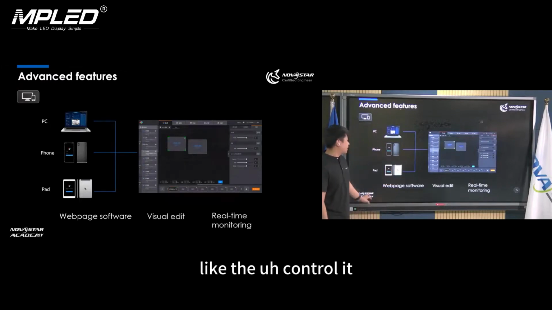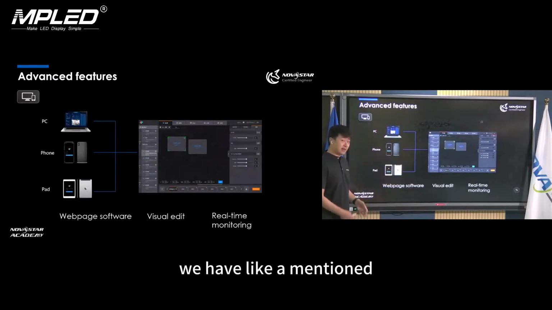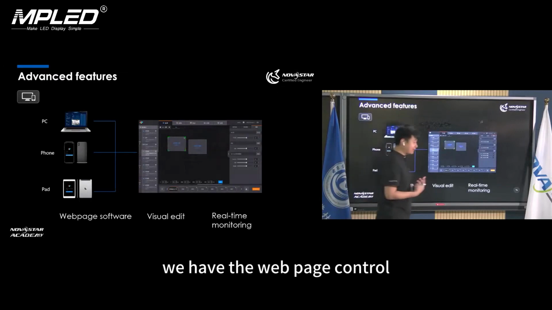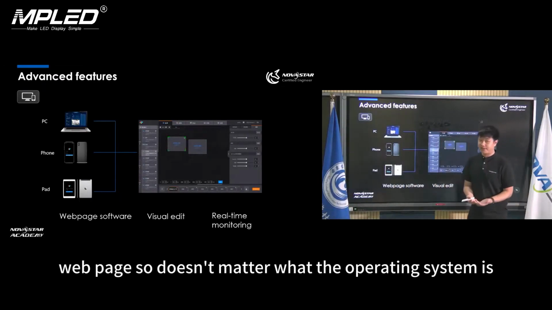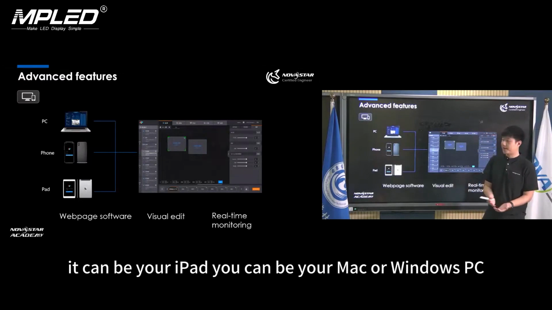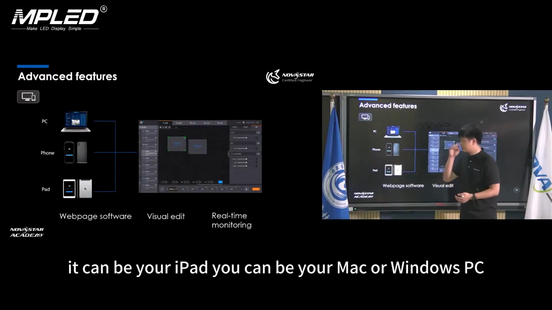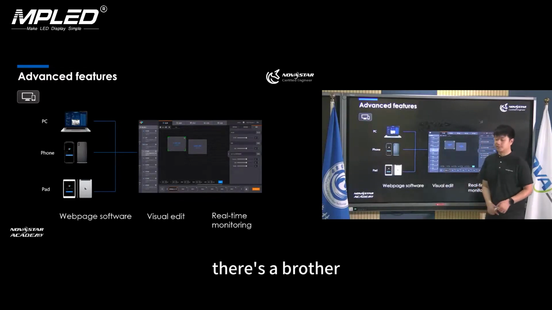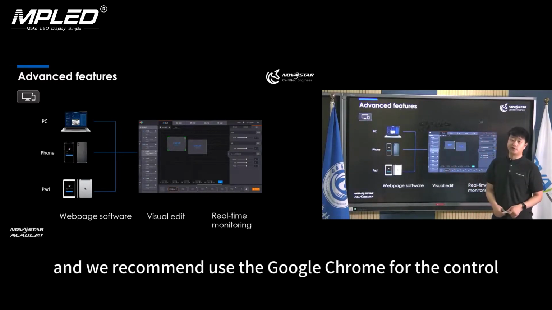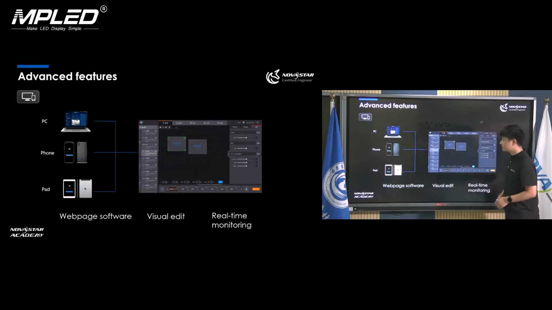Like I mentioned, we have web page control. Since it's a web page, it doesn't matter what the operating system is. It can be your phone, your iPad, your Mac or Windows PC, whatever, as long as there's a browser on the device, and we recommend Google Chrome for control because we have fully tested it.